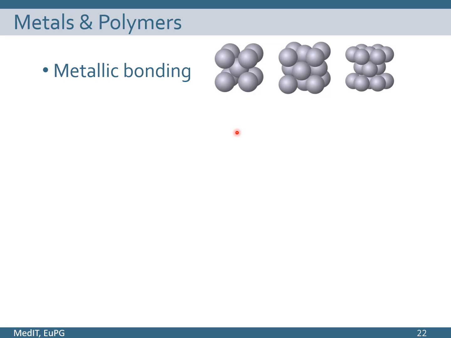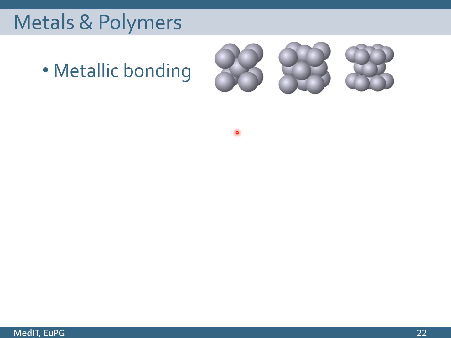So in a metal, the outer shell electrons, also called valence electrons, are freed from the atoms, which then become positive ions. They just lost electrons, the valence ones. And these free electrons can move freely throughout the metal. They are delocalized.